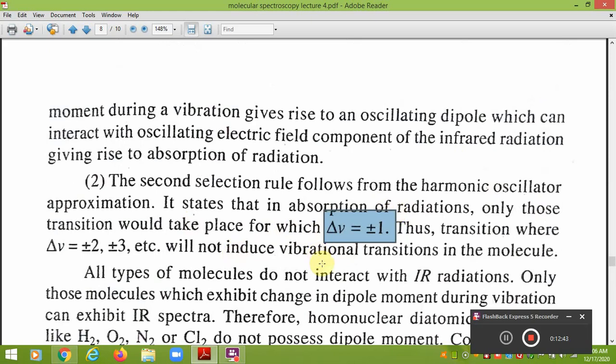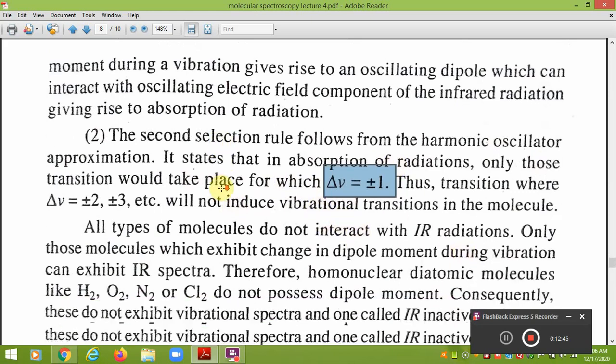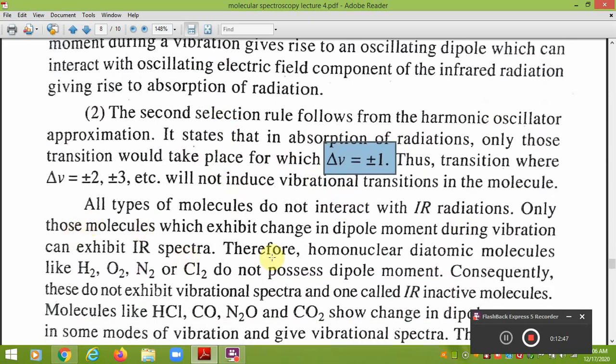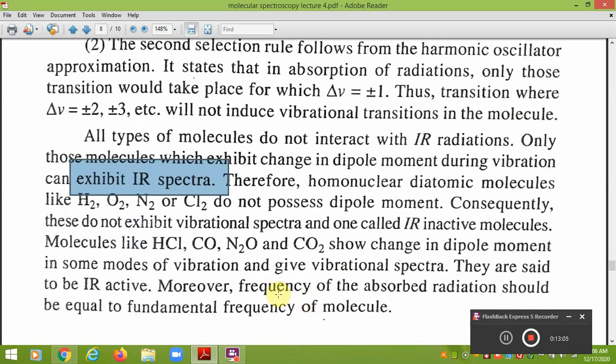Not all molecules interact with the IR radiation; only those molecules which exhibit a change in the dipole moment during vibration can show IR spectra. Therefore, homonuclear diatomic molecules like hydrogen, oxygen, nitrogen, chlorine do not possess a dipole moment. Consequently, they will not show the vibrational spectra or IR spectra.